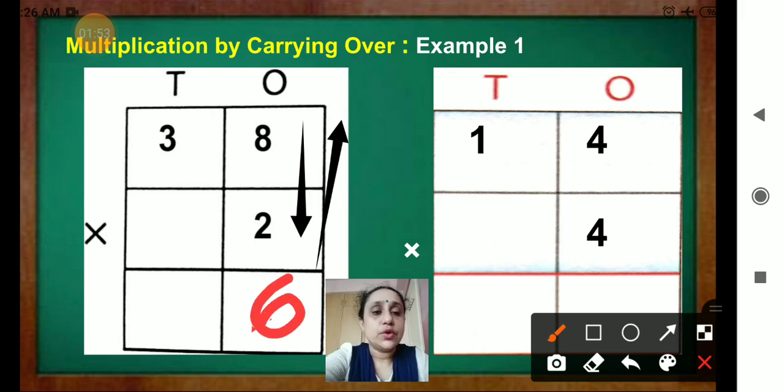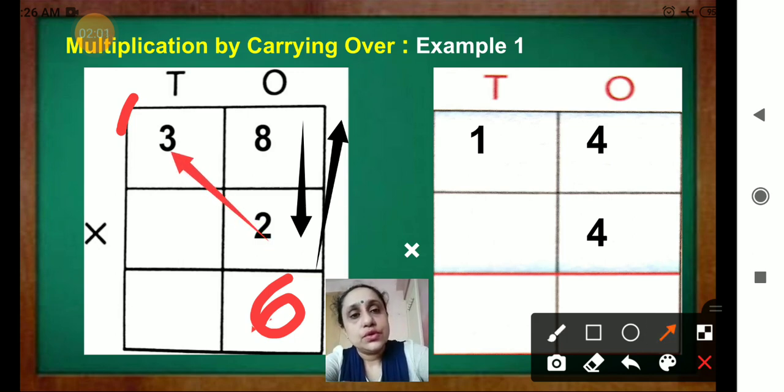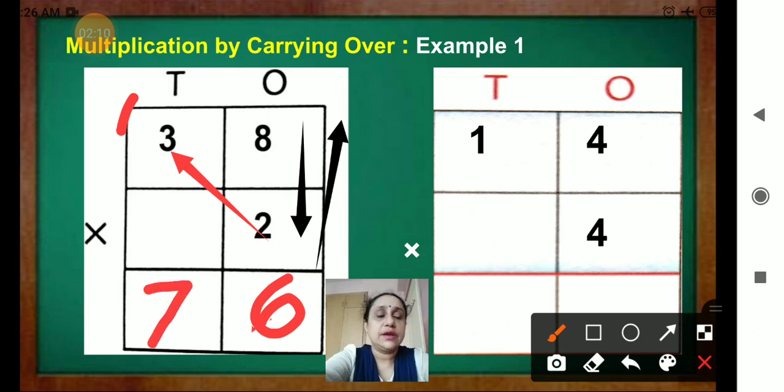And what about that one? 1 will be carried over to the tens place. Now 2 threes are 6, and 6 plus 1 is 7. So after multiplying these two numbers, we get the product 76.